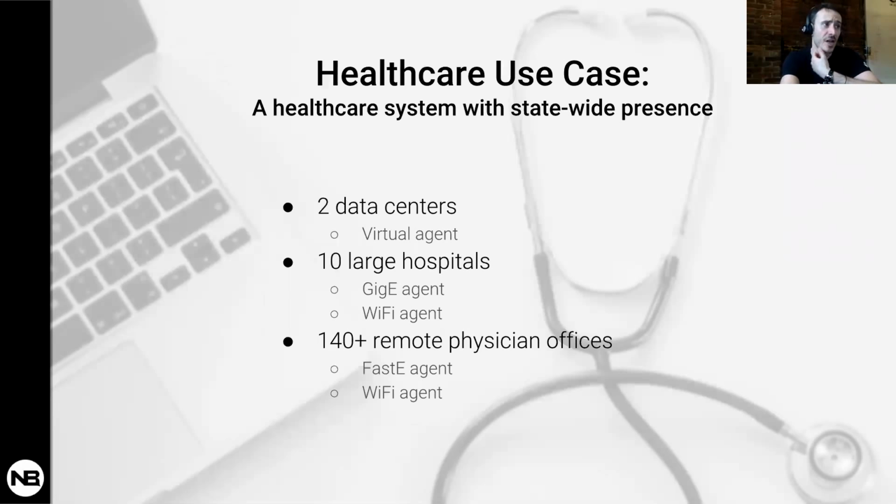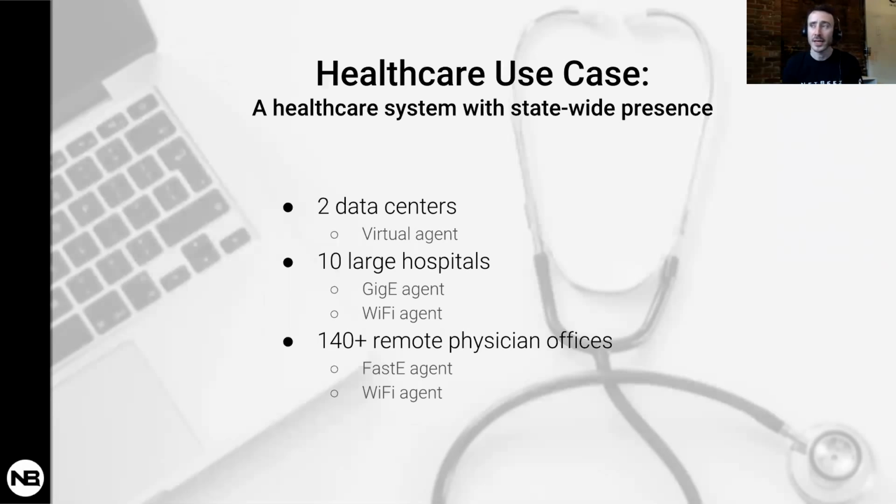Then in the case of the large hospital, we would generally recommend installing a 1 gigabit Ethernet agent, which can be used not only for web-based app or electronic medical records app monitoring, but also for throughput testing for bandwidth. And then Wi-Fi agents, because Wi-Fi is very important in hospitals.